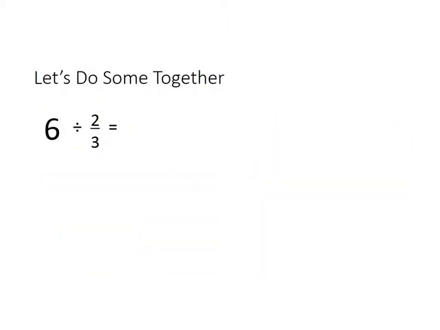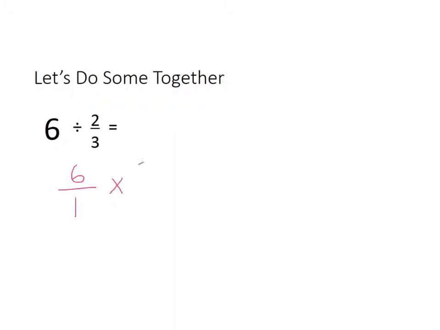Now let's do some more examples together. Here we have 6 divided by 2/3. First step, change the whole number into a fraction. So it would be 6 over 1. Second step, change the division symbol to a multiplication symbol. Third step, the reciprocal of the second fraction.